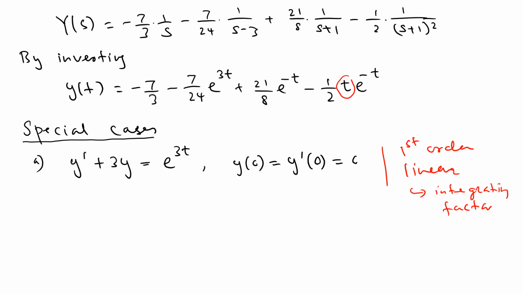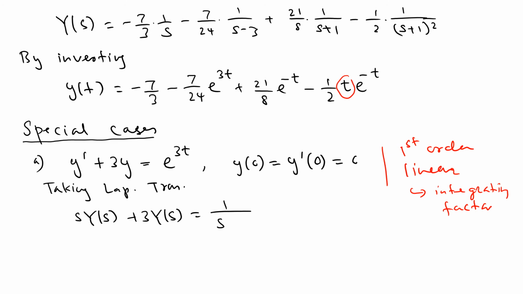So we can take the Laplace transform. Once you take the Laplace transform, we're going to have s Y(s) plus 3 Y(s) equals the Laplace transform of that, which is the e to the at function, so that is 1 over s minus 3. The opposite sign, always.